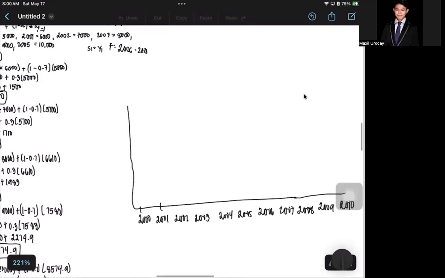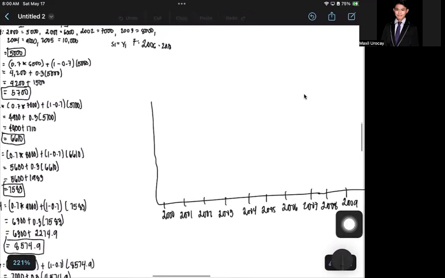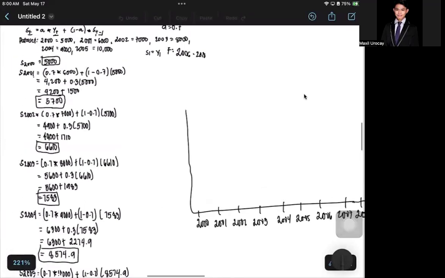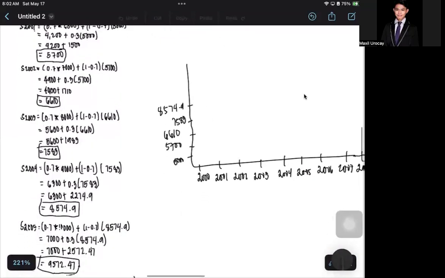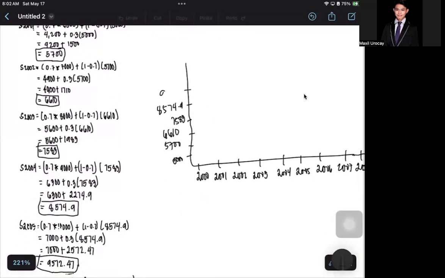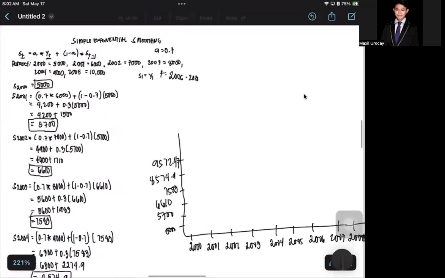Say for example, this is just an approximation that we will draw accordingly. So for example, this is the place of 5,000. This is the place of 5,700. This is the place of 6,100 and 7,583. This is the place of 8,574.9. Then 9,572.47.